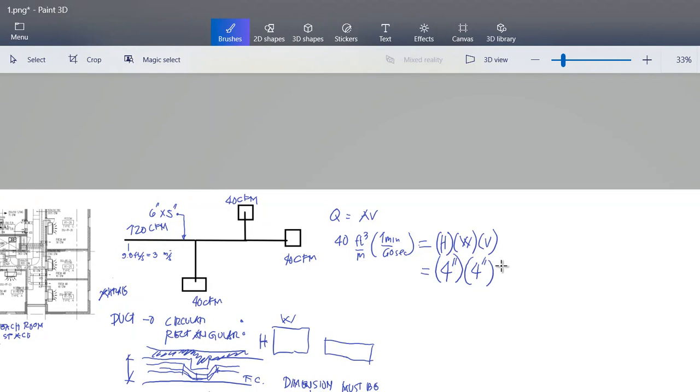So let's assume this is 4 inches times your velocity.